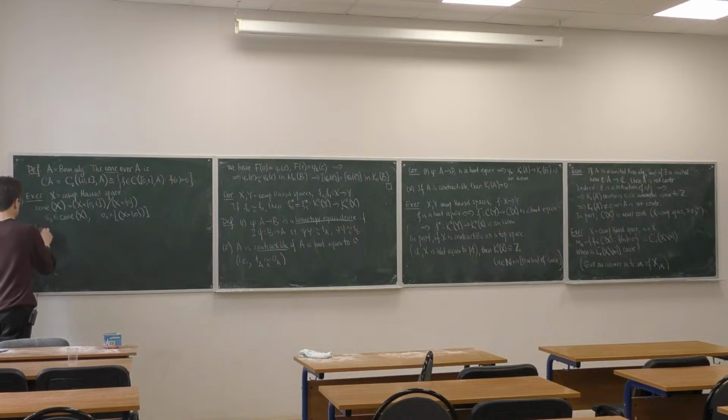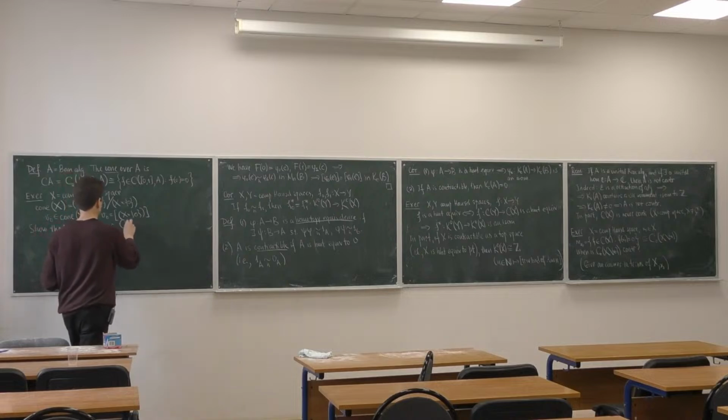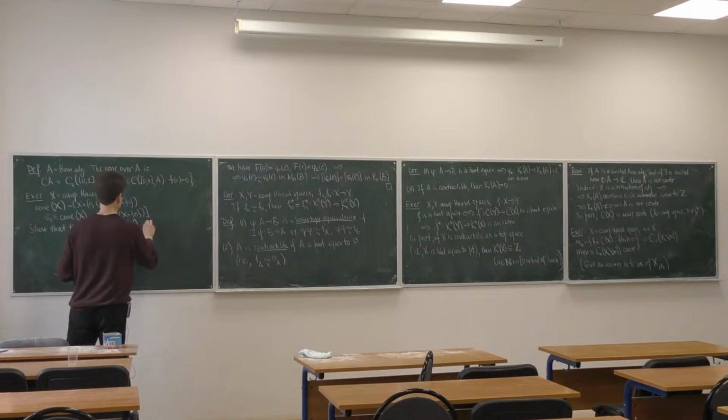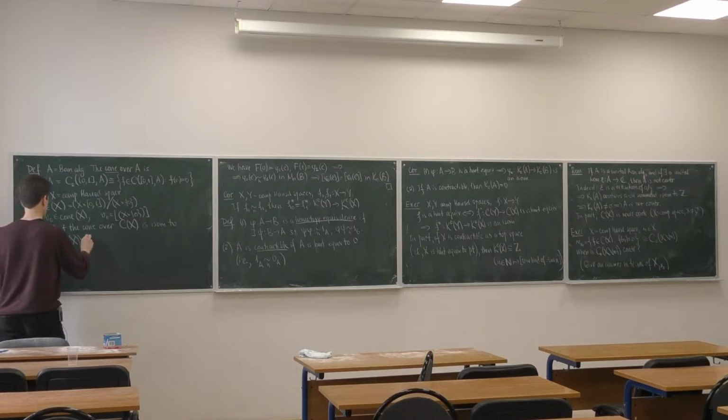The exercise is to show that the cone over the algebra of continuous functions on X, C of X, is isomorphic to the algebra of C0 functions on the topological cone with the vertex removed.